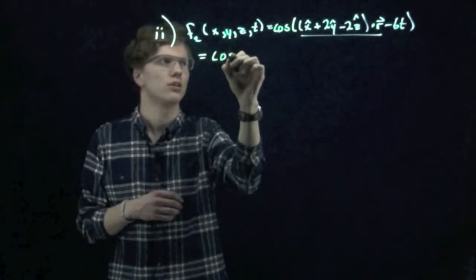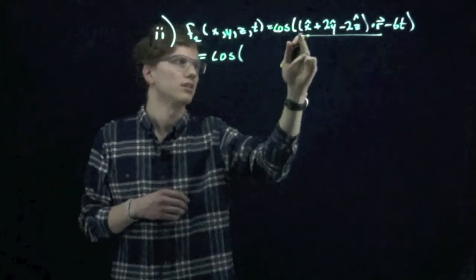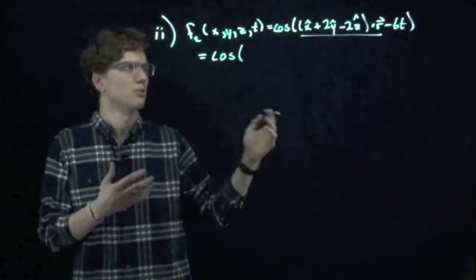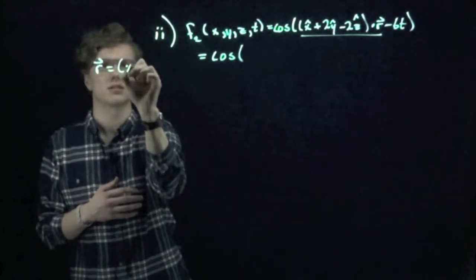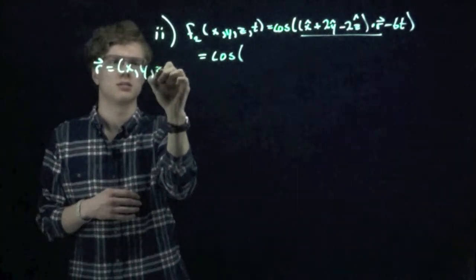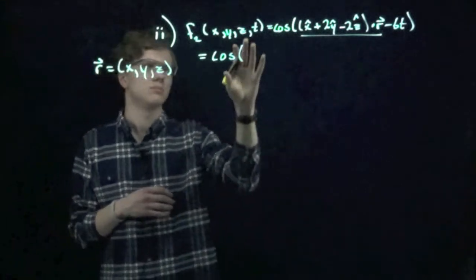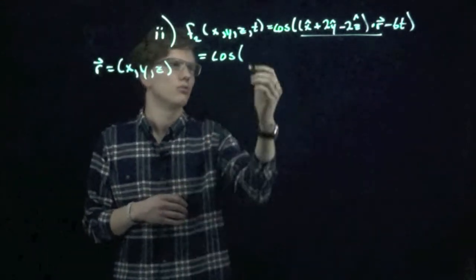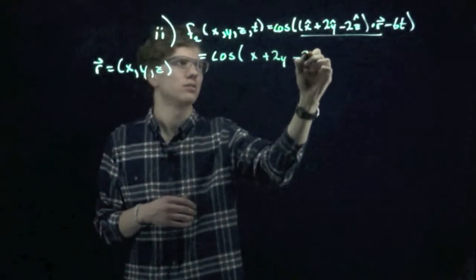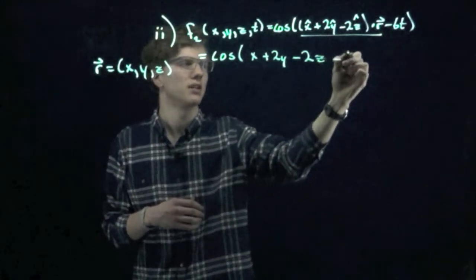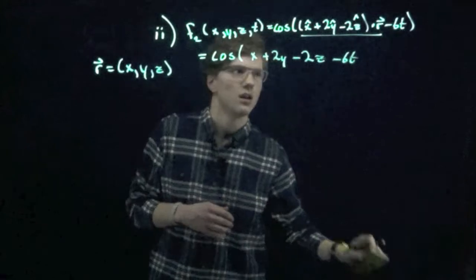I'm going to take the cos of this dotted with r, and we know r to be x, y, z. When we take the dot product, we get x plus 2y minus 2z minus 6t.